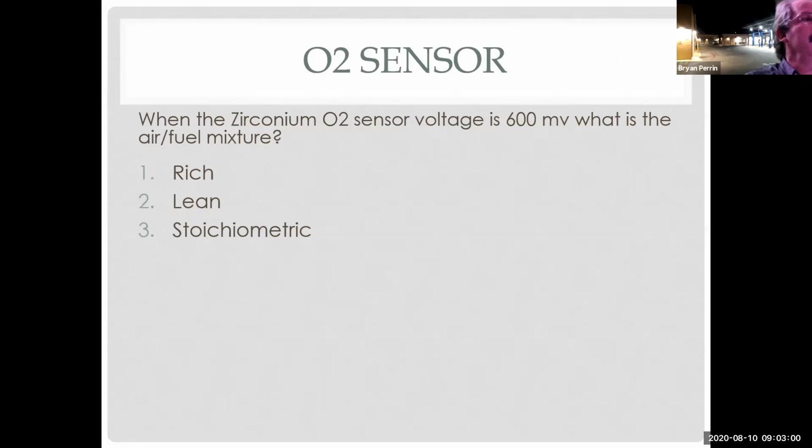So when a zirconium O2 sensor voltage is 600 millivolts, what is the air fuel mixture? Well, what did we come up with? Number 3, stoichiometric. It is not stoichiometric. Stoichiometric would be 450 millivolts. That's my switch point. Rich. So if I'm above 450, I'm one thing, and if I'm below 450, I'm another.